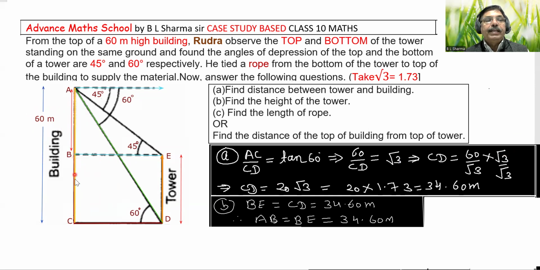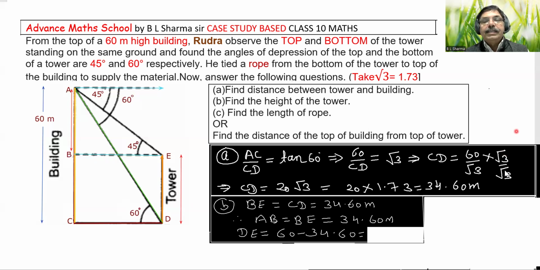Subtract, then you will get BC. So DE is equal to BC, that is 60 minus 34.60 meters, which is 25.40 meters. So the height of the tower is 25.40 meters. This BC is equal to DE. That's the answer of part B.